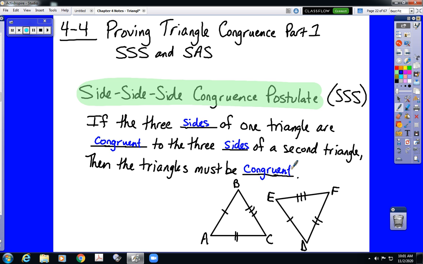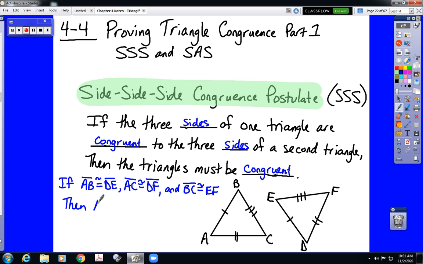So what we're saying here is that in this picture, if AB is congruent to DE, which it is marked that way, AC is congruent to DF, and BC is congruent to EF, that is enough for us to state that triangle ABC is congruent to triangle DEF. So if we can show that all three sets of sides are congruent, that's enough for us to guarantee that those triangles are actually congruent.